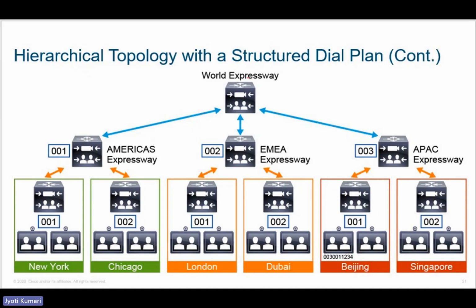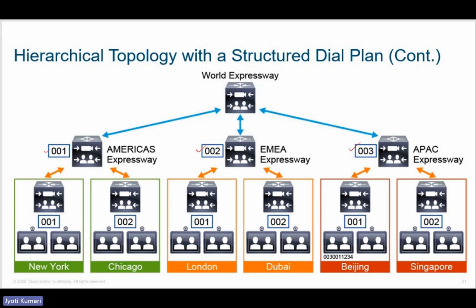So the dial plan will create each region and location to have a unique prefix. We have this concept of prefix that we discussed earlier, as well as a hierarchical design here. For example, if Beijing is neighbor to APAC, between the Expressway Cs of APAC and Beijing, Beijing has a location code of 001 and APAC has a unique code of 003.